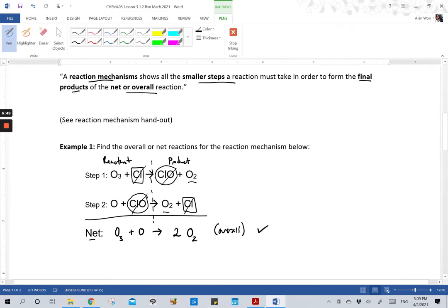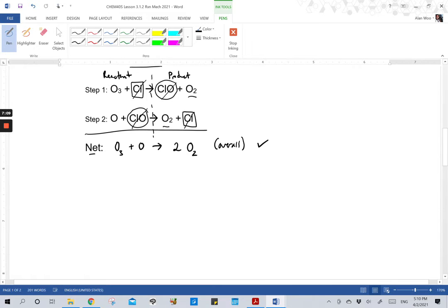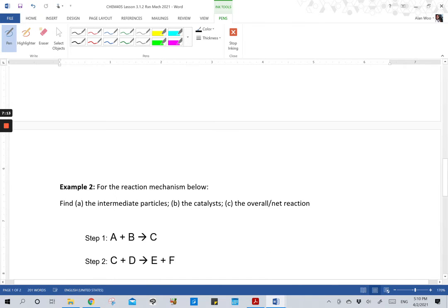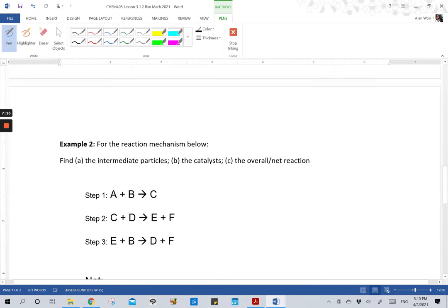We'll get to the reason in our second example. In this first example, I just want you to be able to figure out the overall or net reactions by canceling out substances that appear on opposite sides of each other. When we look at the second example, we'll go into more of a detailed explanation in terms of what those substances are that we're canceling.